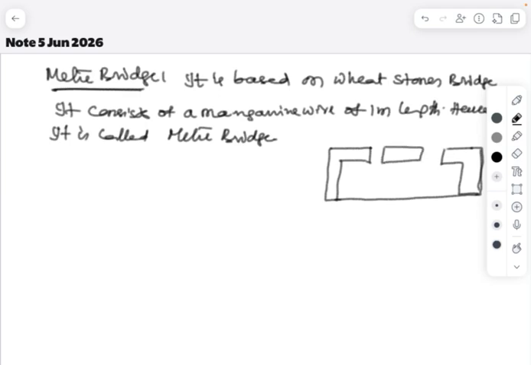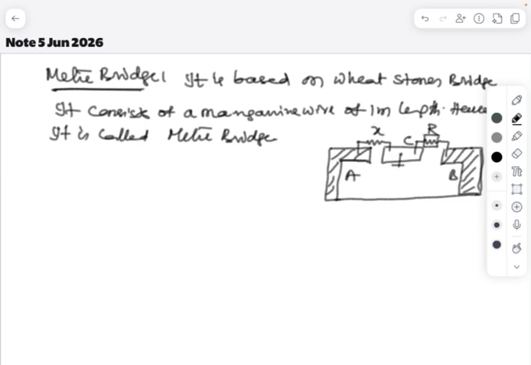In between A and B, another copper strip C is fixed such that two gaps are formed in between A and B. In the first gap, unknown resistance, whose resistance is to be measured, is connected, and in the second gap, known resistance R is connected.